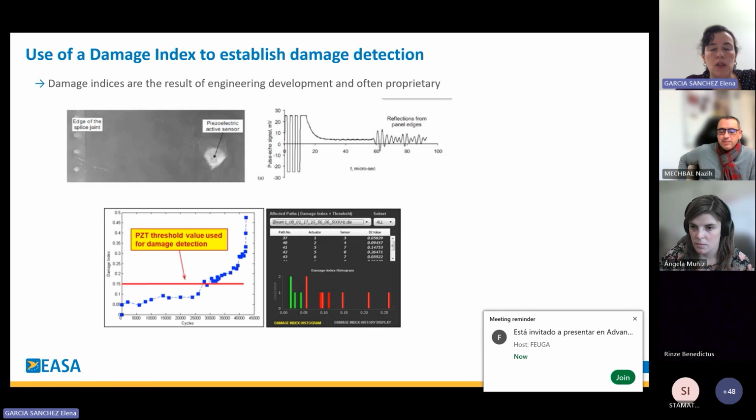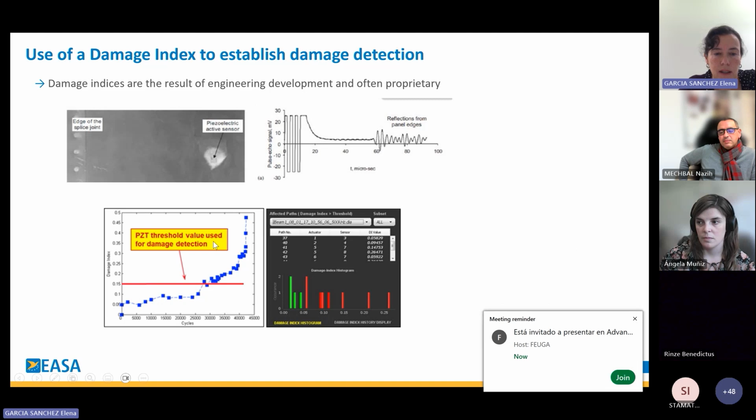Then, the system collects information from the sensors, and some of the systems give damage indexes, which is a number that is the result of engineering development, and this is often a proprietary algorithm. So it gives you a number.